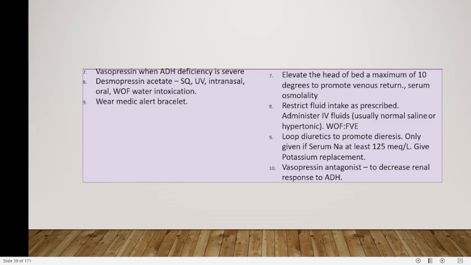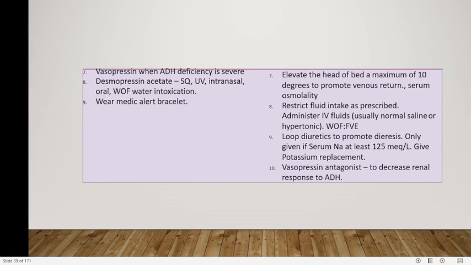For SIADH, syndrome of inappropriate ADH production, you elevate the head of the bed to a maximum of 10 degrees to promote venous return and serum osmolarity. You restrict fluid intake as prescribed. Administer IV fluids, especially normal saline or hypertonic.